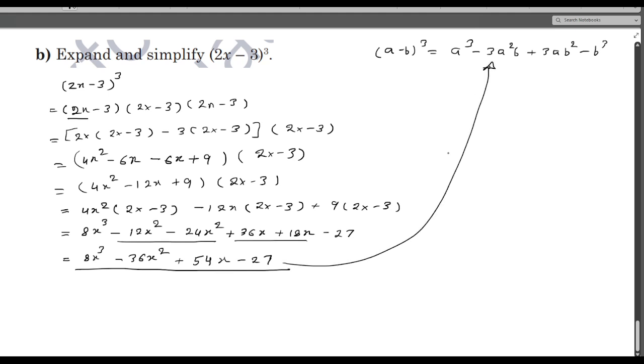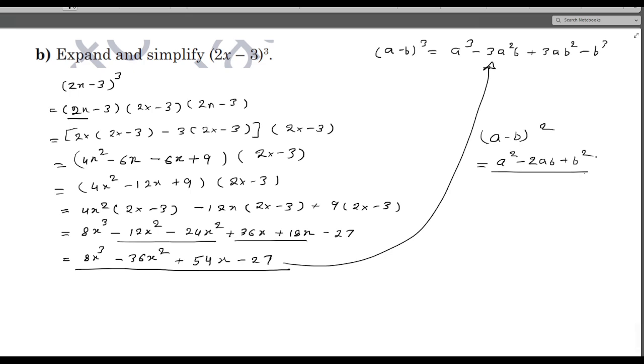Similarly, if you have a minus b the whole square, sometimes we remember the formula as a square minus 2ab plus b square. These are what we call identities, and in some of the boards they learn these identities and directly apply them. Here it is not advised to remember anything, therefore we are expanding and getting the answer.